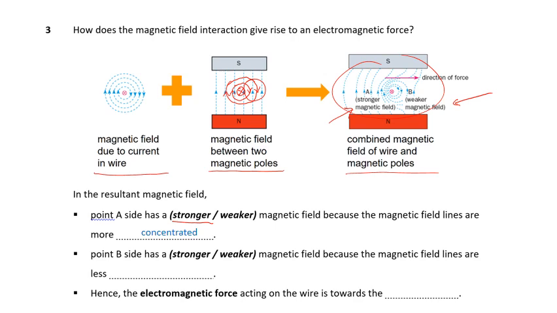Whereas at the right hand side, point B, there is a weaker magnetic field because the magnetic field lines are less concentrated. Hence, you can think of it like this stronger magnetic field pushing towards the weaker magnetic field, a bit like a catapult effect, okay? And hence, this electromagnetic force is acting towards the right side, and it will push this particular wire towards the right.